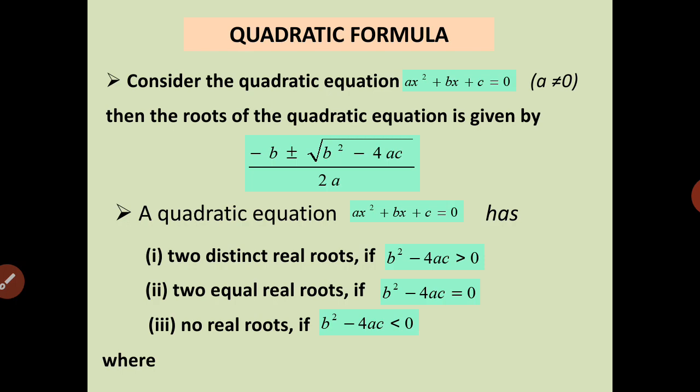But if b square minus 4ac is greater than 0, you will have two different answers. That is why two distinct real roots. Here, b square minus 4ac has a name given to it. We call it the discriminant. Now let's proceed with this knowledge. The rest is very easy.